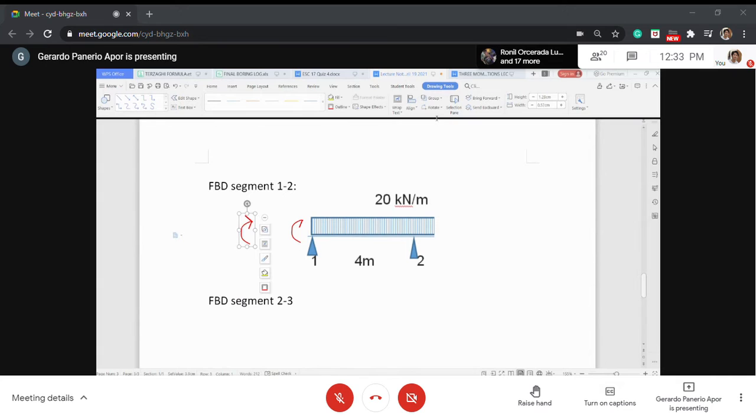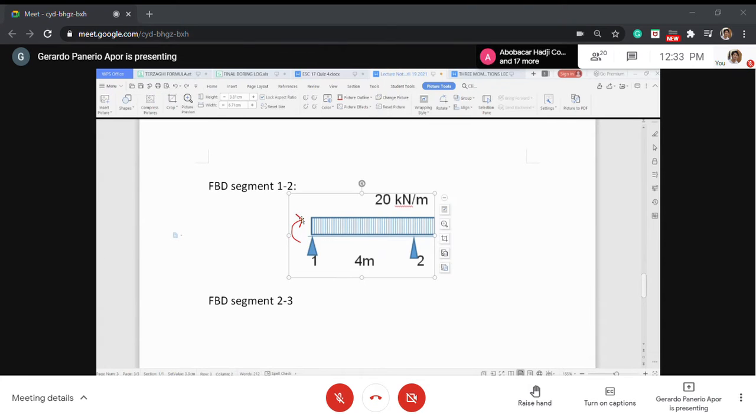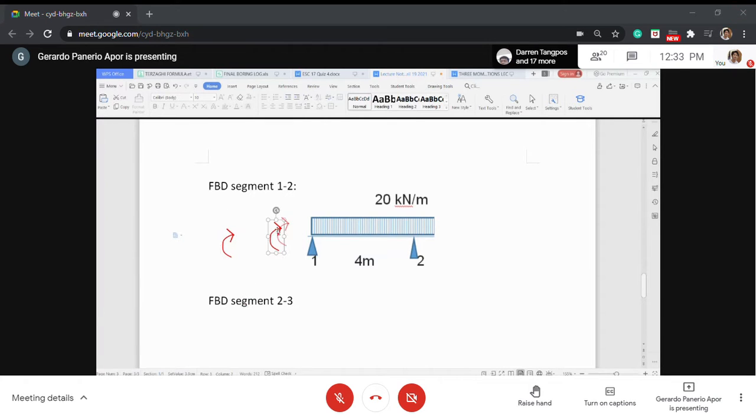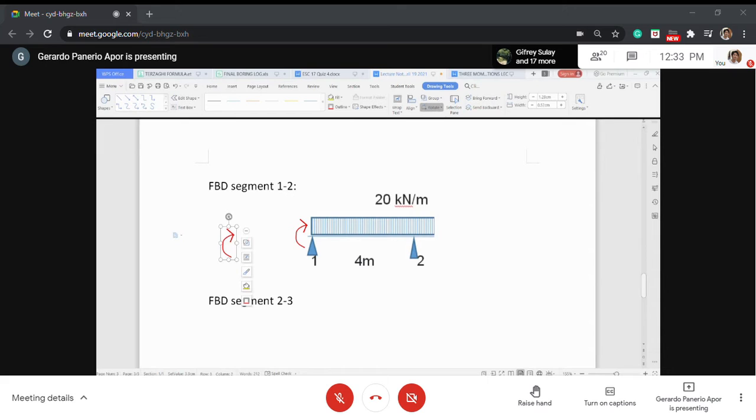Clip vertical. So, I will call this one as M2.